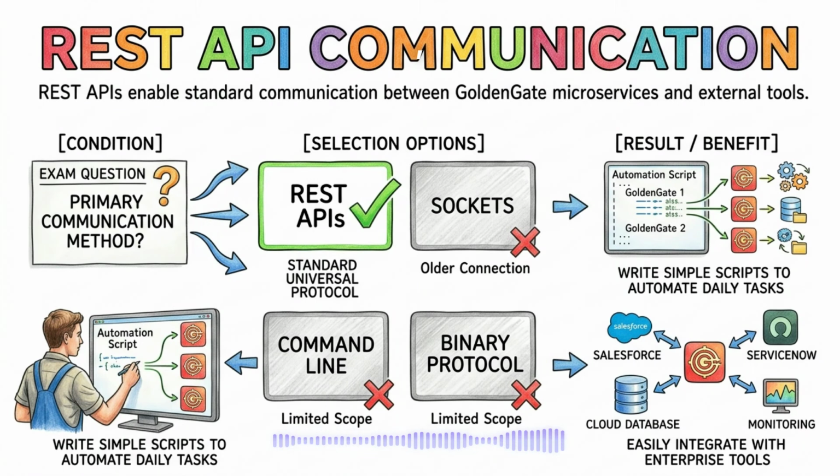Because GoldenGate 23ai uses REST APIs, you can write simple scripts to automate your daily tasks without ever clicking through the dashboard. This means you can easily integrate GoldenGate with other modern enterprise tools your company might use. Expect exam questions testing your knowledge of REST APIs being the primary communication method in the microservices architecture.